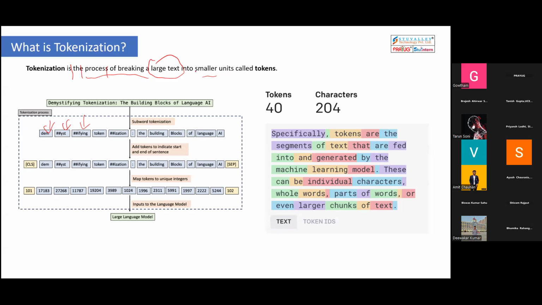There are lots of things that come under the word smaller. What is meant by smaller? That is what we will look into.